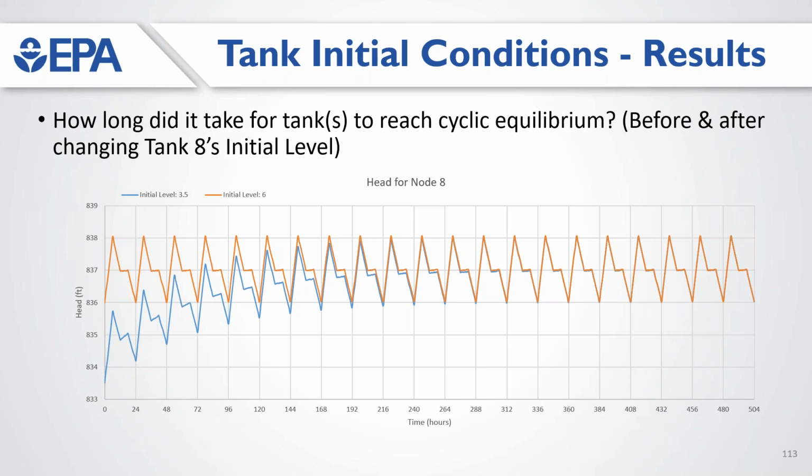We can see that when using the default initial level, the blue line, that was 3.5 feet, it took the tank at least a couple of weeks before it reached a cyclic equilibrium or steady state, and it stopped increasing daily then. After improving the tank's initial level, the orange line, when we changed it to about 6, it was almost immediately in cyclic equilibrium.